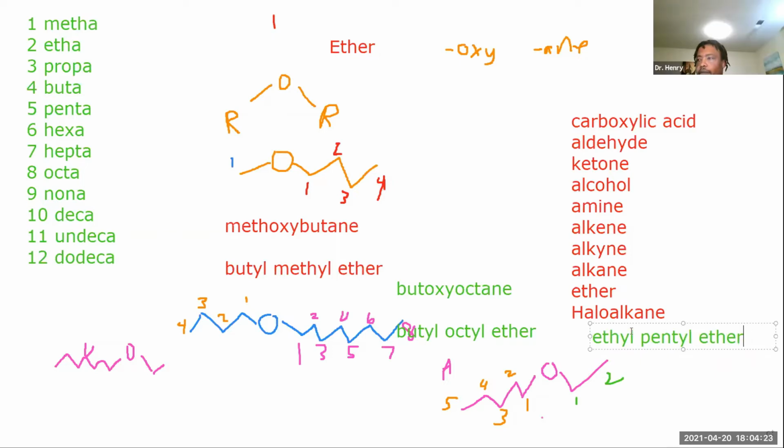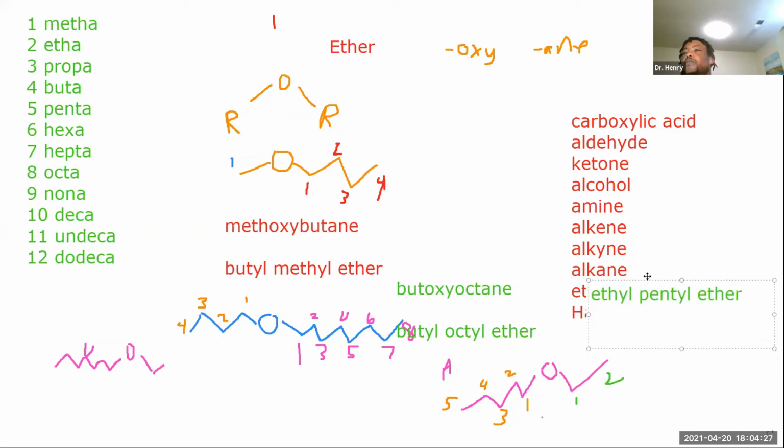What is the other way I can name it? Aaron wrote it in the comments. Pentaoxethane, that's what she put. Okay, but in this case, it's the one that has the longest chain that you're going to use for the last name.